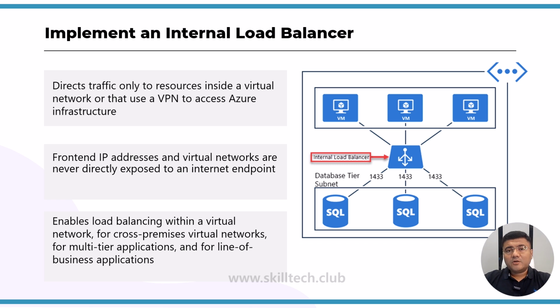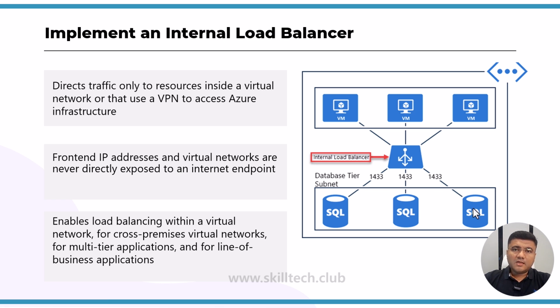On the other hand, if we talk about internal load balancers, as we can see here, internal load balancers distribute traffic only to the resources inside a virtual network, or that are using a VPN to access Azure infrastructure. As you can see in this diagram, there are virtual machines connected with this internal load balancer, and the internal load balancer is distributing traffic to another three SQL databases, a database tier.